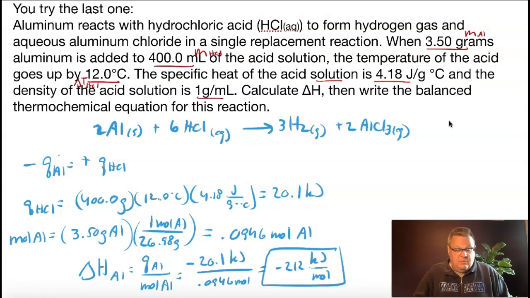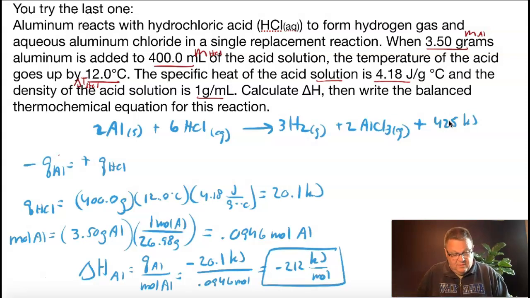You can either write the thermochemical equation with it like this. Delta H is negative 212 kilojoules per mole, and that would be fine. Or you could put the delta H in the word problem. And when I put it in the word problem, because it was negative when it was outside, it goes in on the right-hand side.